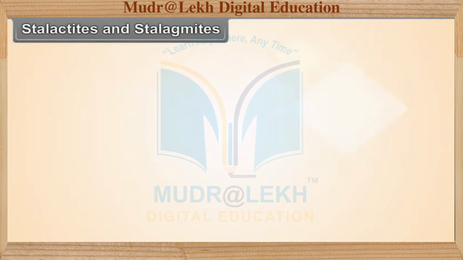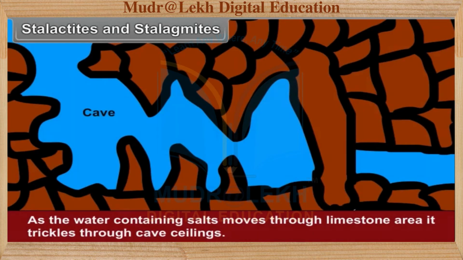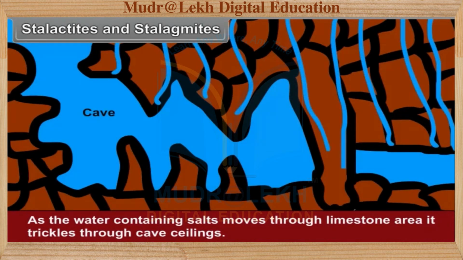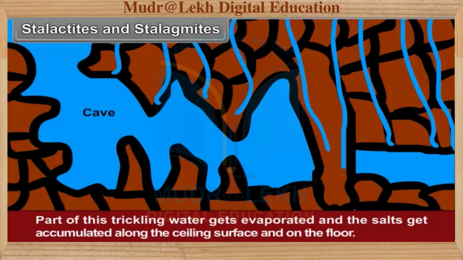Number 3. Stalactites and stalagmites. As the water containing salts moves through limestone area, it trickles through cave ceilings. Part of this trickling water gets evaporated and the salts get accumulated along the ceiling surface and on the floor.